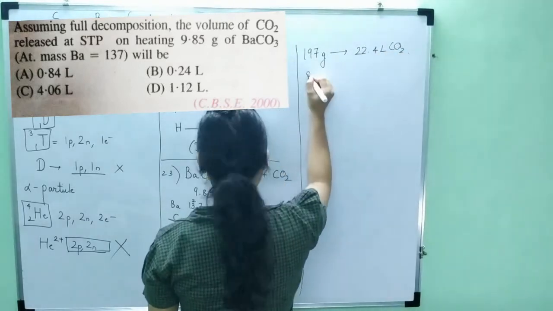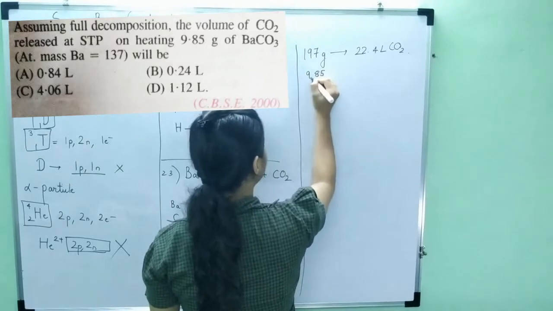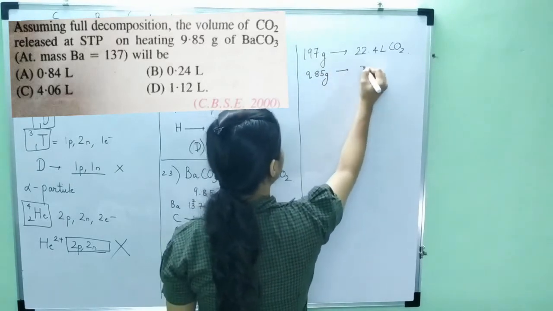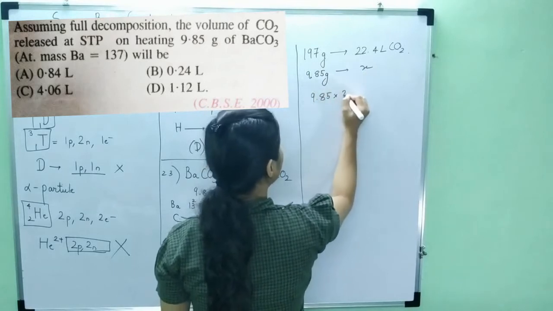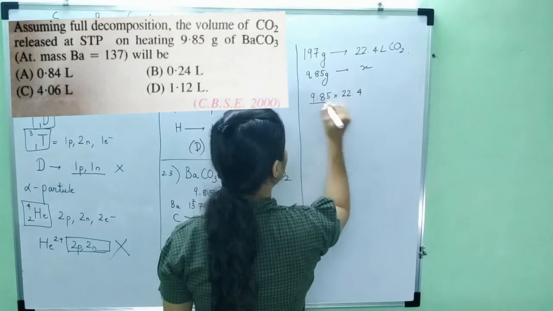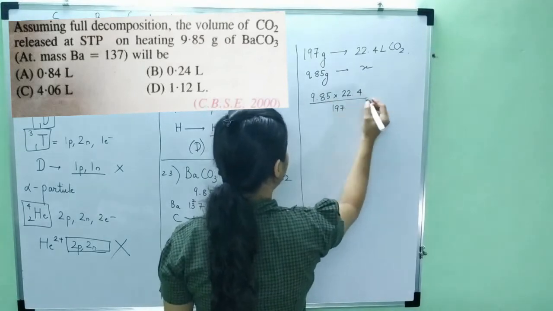Now if I have 9.85 grams, how much volume will this release? So this is 9.85 into 22.4 upon 197.